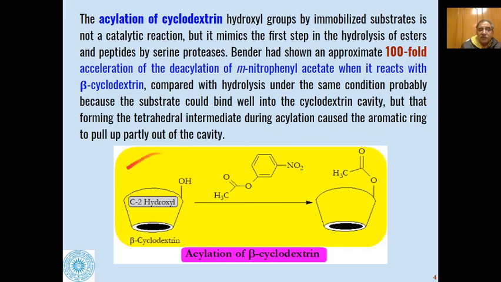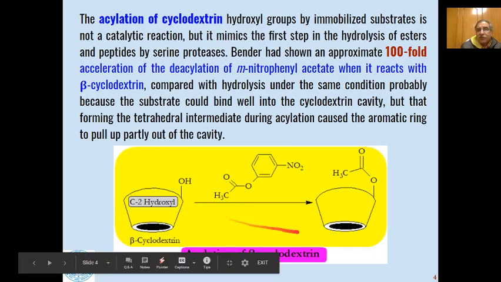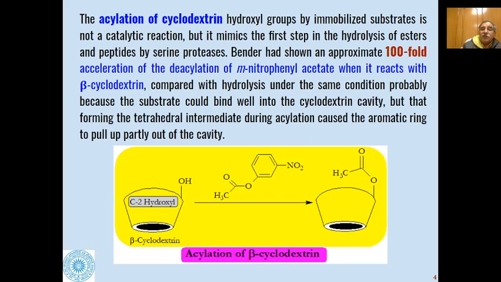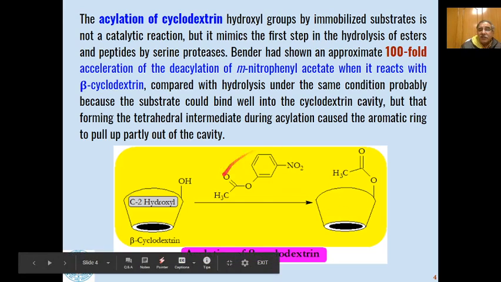This will react with beta-cyclodextrin to give us these types of cyclodextrin esters. And it has been shown that the rate of deacylation of this substrate increases 100 folds when it reacts with the beta cyclodextrin.